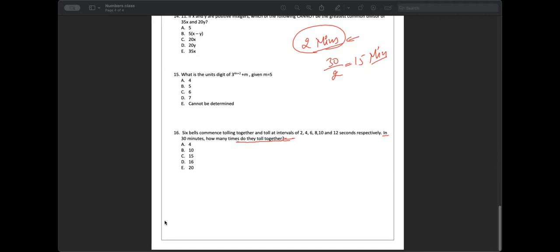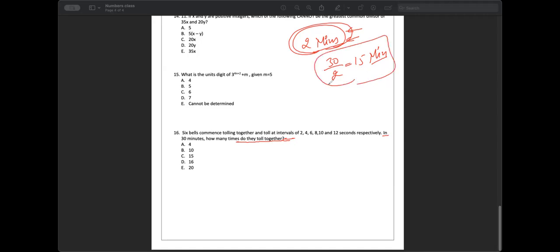Lakshya, how did you get 16? I took the LCM and then I did 2 times. But LCM is 2 minutes, right? Yes, 120 seconds. So how did you get 16 in 30 minutes?